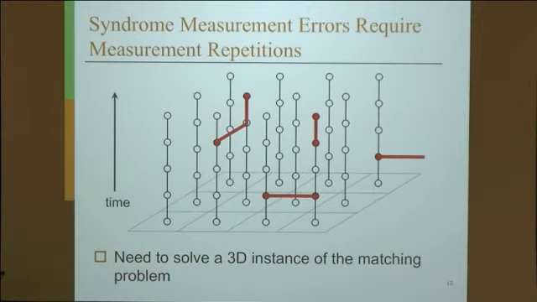dimension. And here in the third dimension, each of these lines represents a single syndrome that is measured over and over again. And we will mark a red point if the syndrome measurement outcome is different than the measurement outcome in the previous round. And this way we will obtain a set of points in 3 dimensions that we can match.